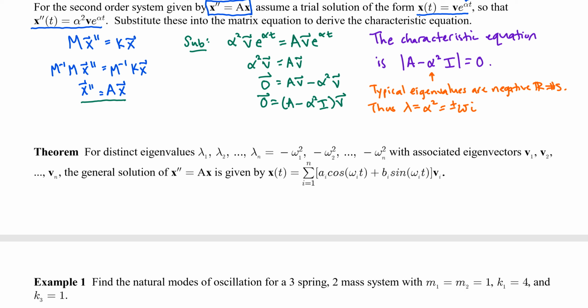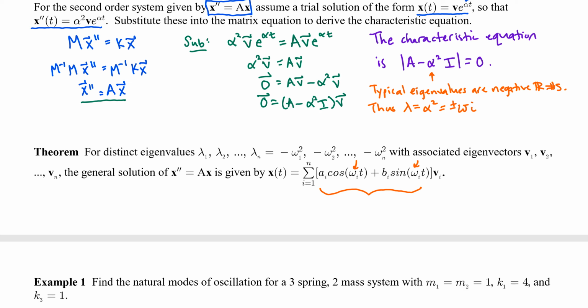The general solution of x double prime equals Ax is given by x of t equals, notice here we've applied Euler's formula. We have a 0 real part for our solution, so e to the 0t becomes 1, times a sub 1 cosine of omega t, there's the imaginary part of our solution to the eigenvalues, plus b sub 1 sine of omega t.